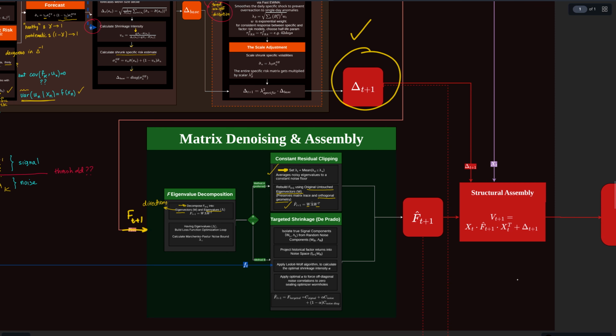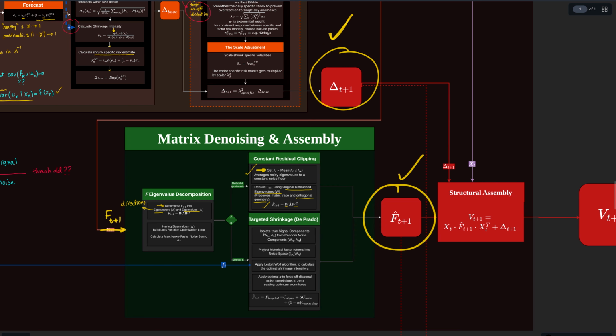All right, so we've made it through the three core phases of the risk engine. At this stage, what we are left with is a stable denoised factor covariance matrix F and our stabilized specific variance matrix delta.